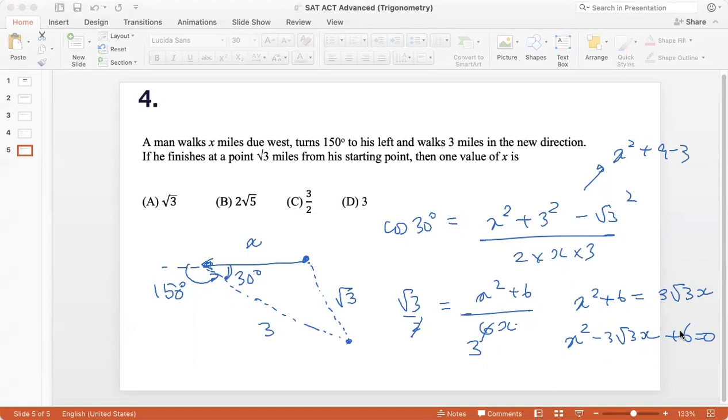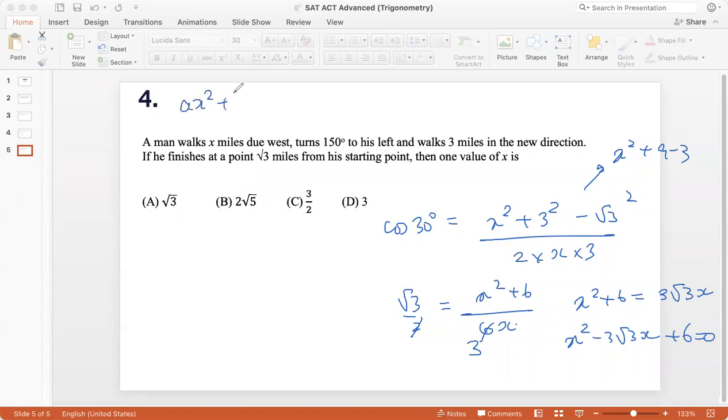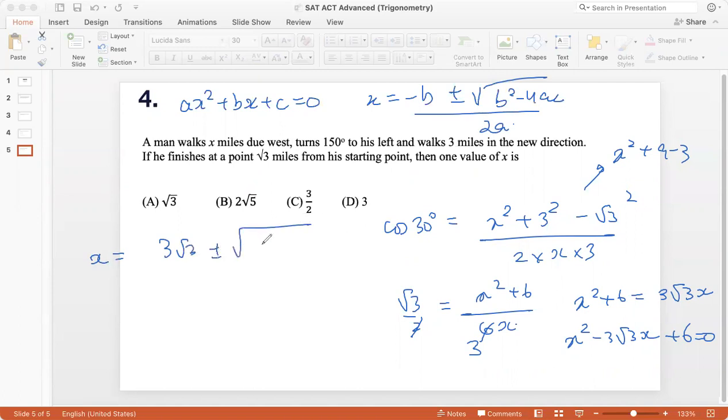So this is a quadratic. I can find its roots using the discriminant formula. So let's do that. Okay. What's the discriminant formula? For any quadratic equation of the kind ax square plus bx plus c is 0, x is minus b plus minus under root of b square minus 4ac divided by 2a. So applying that here, minus b, so 3 root 3 plus minus under root of b square.